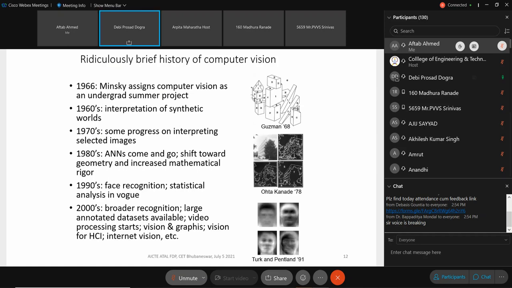They do only specific operations, maybe a convolution or multiplication operation, but they do it in parallel. That means you have many such units available in a chip, which can process the whole image at a time. So that's the advantage. Earlier it was not possible because the hardware was not supporting it. Theory was there.